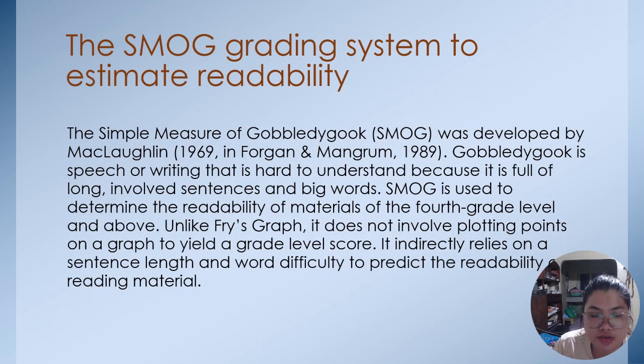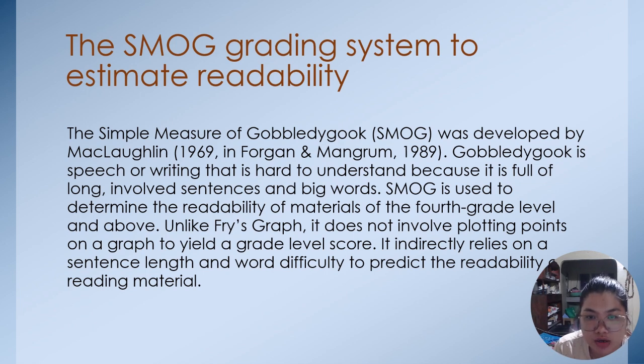On this part is the Simple Measure of Gobbledygook, or SMOG, system to estimate readability. The first one is Fry, and this is the second one. SMOG was developed by McLaughlin in 1969, in Forgan and Manglum 1989.